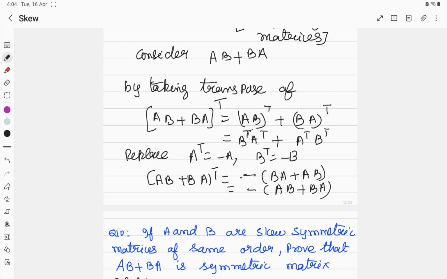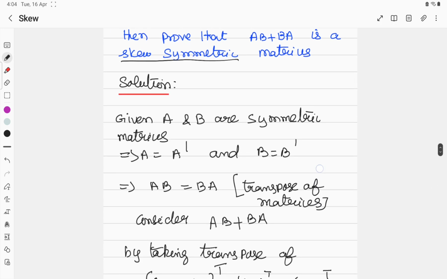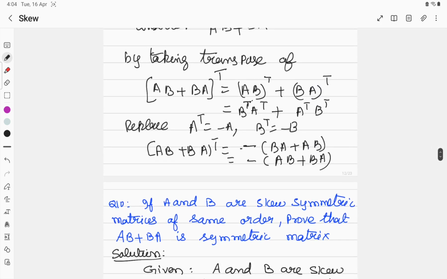Then it becomes B transpose A transpose and A transpose B transpose. Substitute the value of A transpose is equal to minus A and B transpose is equal to minus B. We get minus A minus B plus minus B minus A, which is BA plus AB. Therefore we take minus common, AB plus BA.